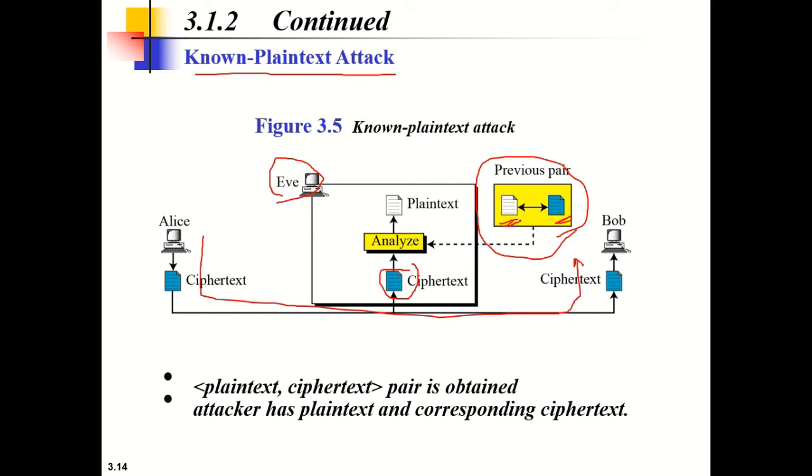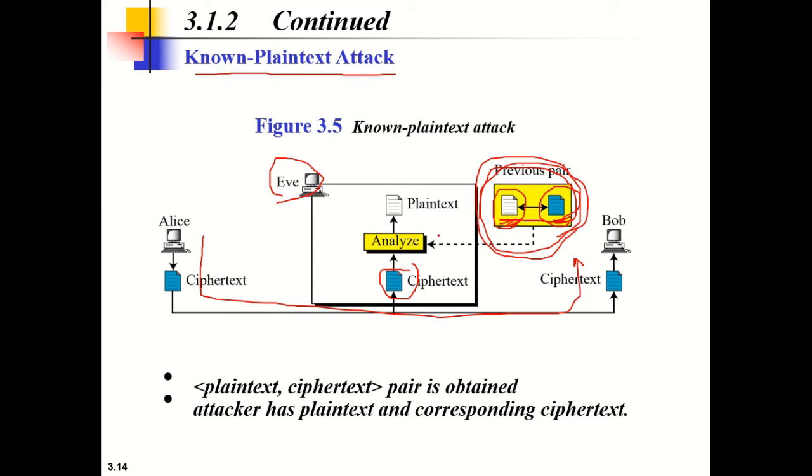So on the basis of the concept behind this pair, meaning how this ciphertext is created for this plaintext, right?